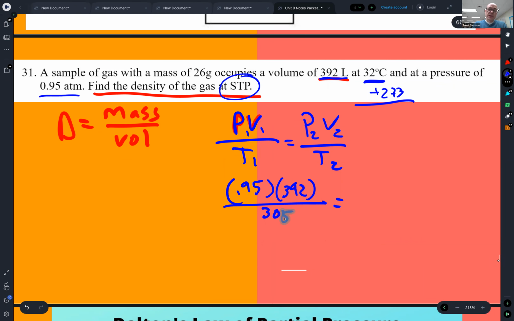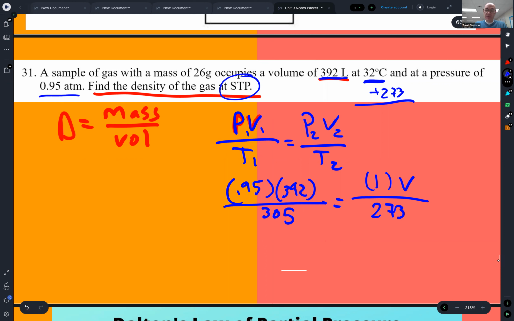Now, what we're going to do next is set this up at the new set of STP conditions. We don't know what the volume is. That's what we're going to need to plug into our formula. But we do have STP. Standard pressure would be 1 atmosphere, and the standard temperature would be 273.